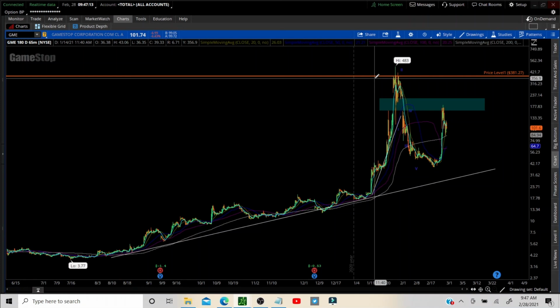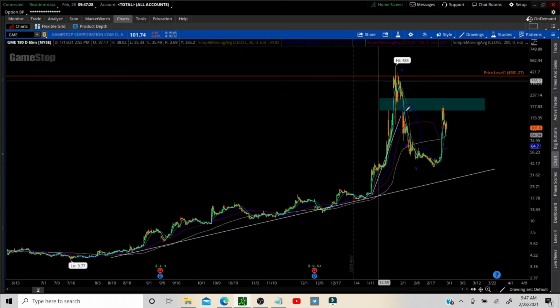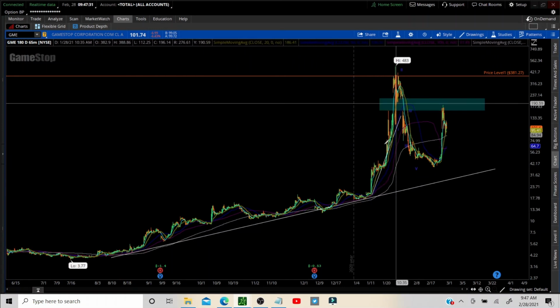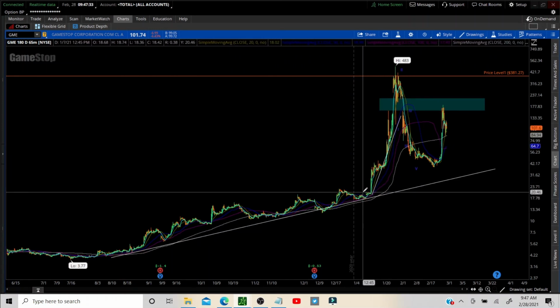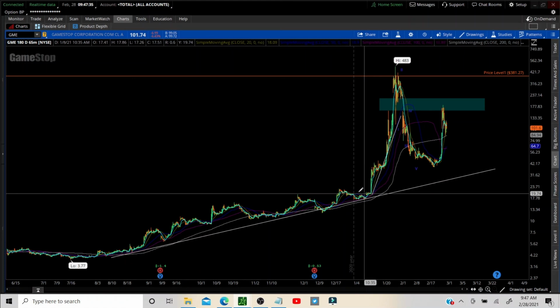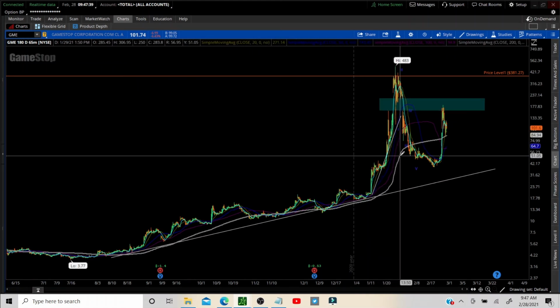If you have so many sellers and not enough buyers, that's supply. If you have a ton of buyers and you just don't have any sellers, like in GME, you have all these buyers but no sellers, so that's where support happens. This is now support.